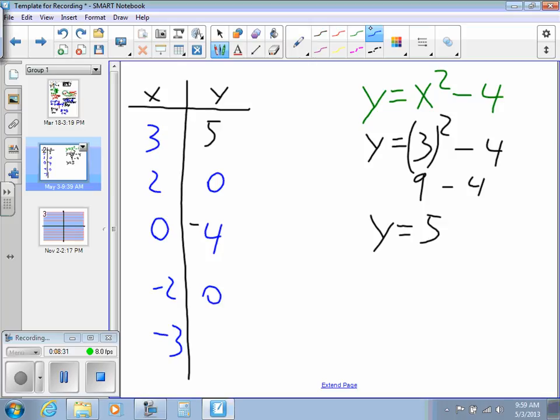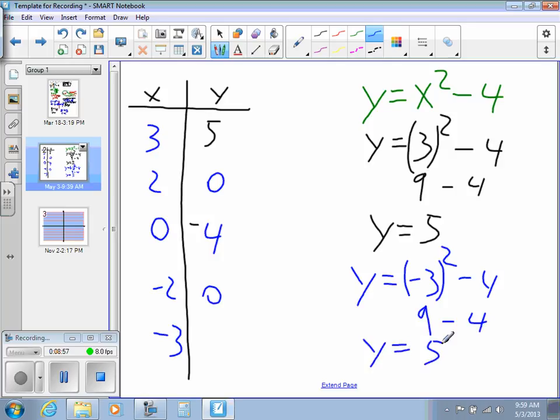So now we're going to plug in a -3. So y equals -3 squared minus 4. Well, -3 squared is also 9, and 9 minus 4 is, of course, 5, so y equals 5, and I get the same thing over here at 5.